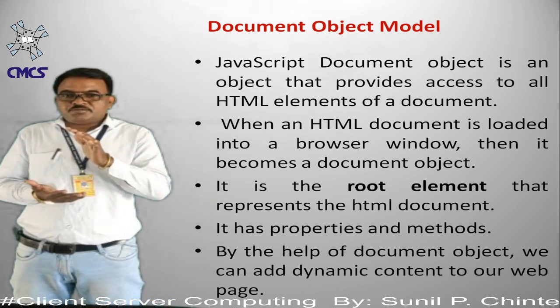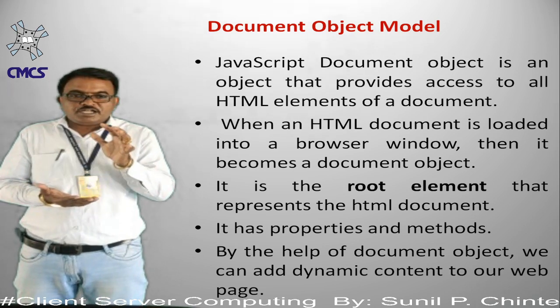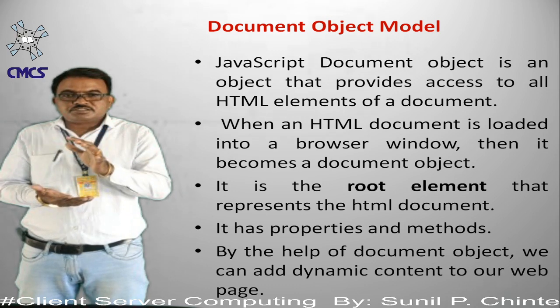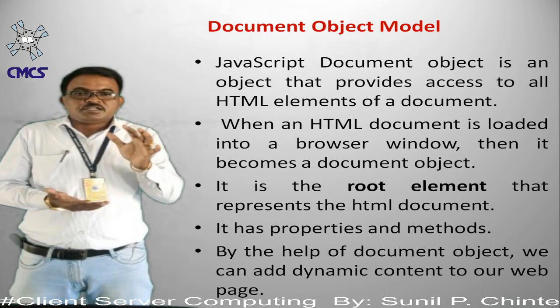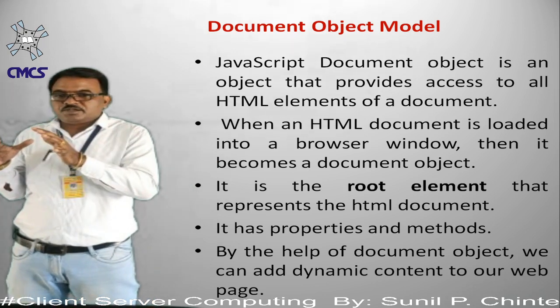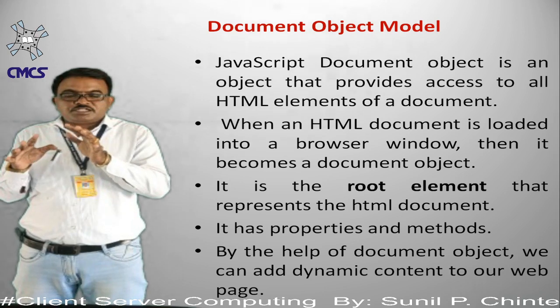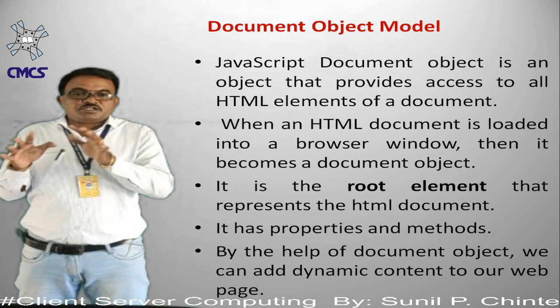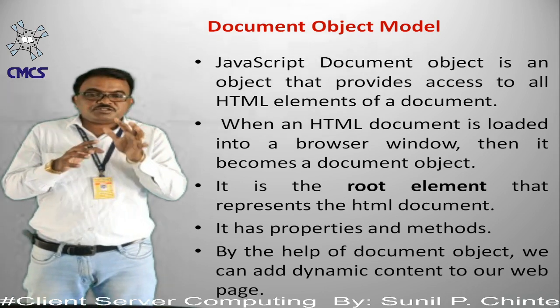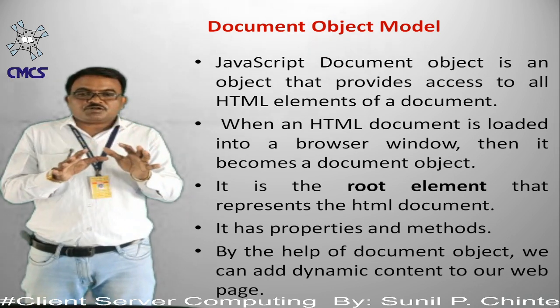Whenever any HTML document is loaded in a browser window, at that time it becomes the document object, and by using the document object you can access all the elements in that document.